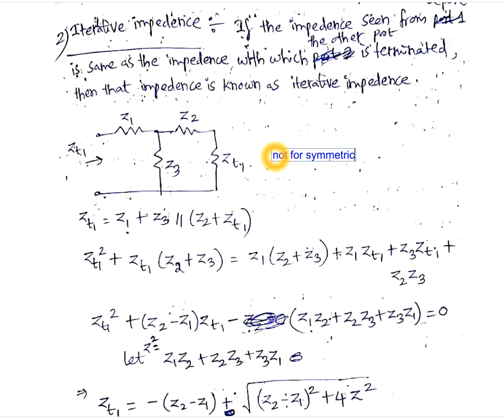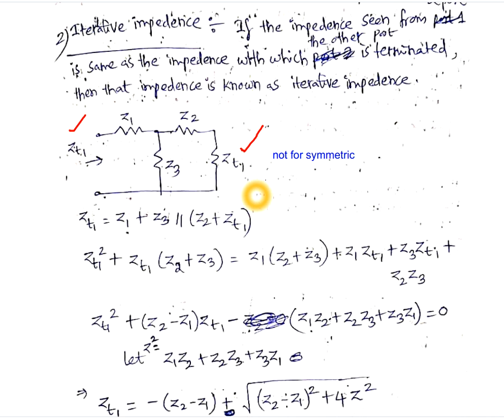It is for a generalized network, because you can see here it is Z1, Z2 and Z3. So if the impedance that is terminated and the impedance with which the other port is seen are equal, that is one value, then we can call that iterative impedance.